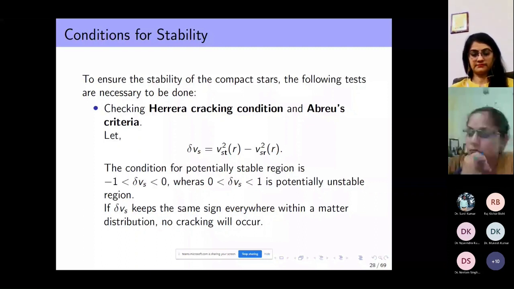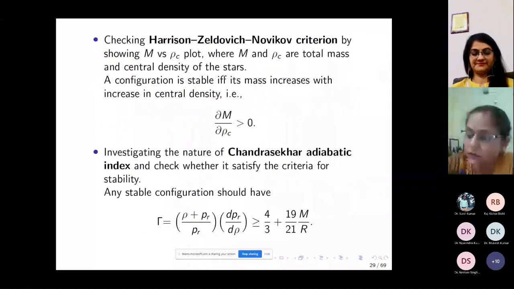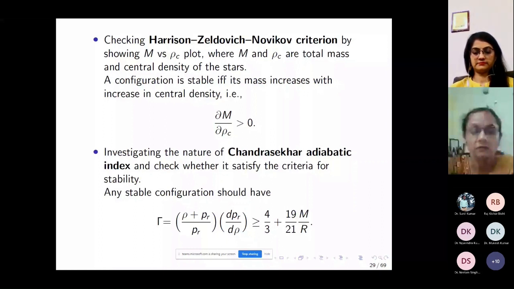Next, we have the Harrison-Zeldovich-Novikov criteria. This criterion says that we take the derivative of the total mass with respect to the central density, and if it is greater than 0, then we can say the model is stable.